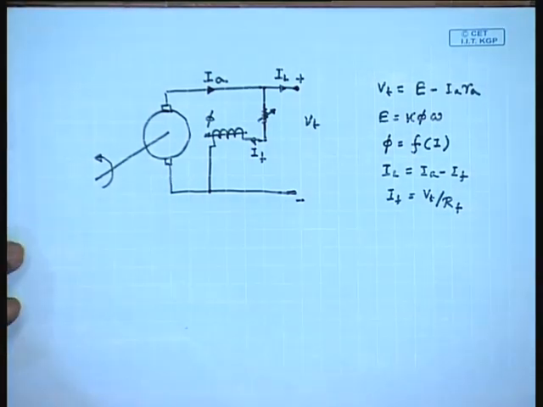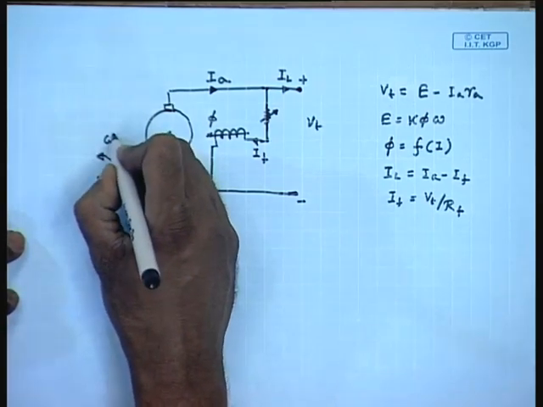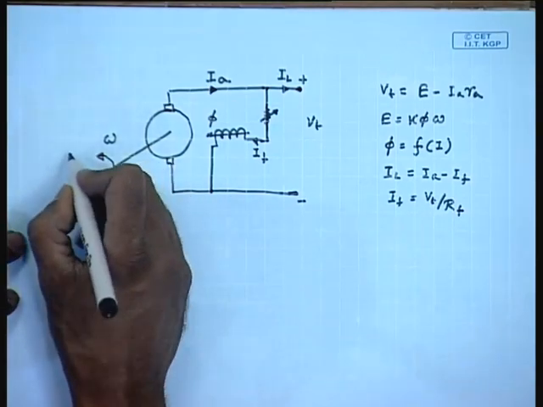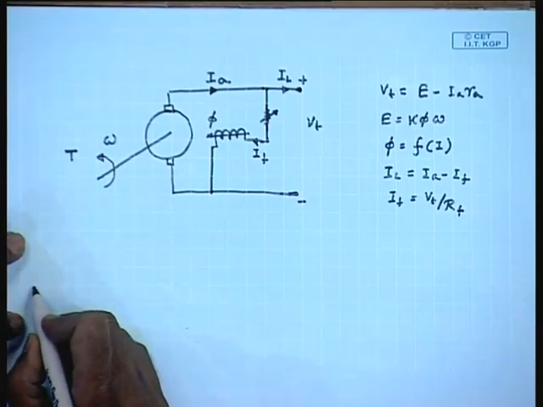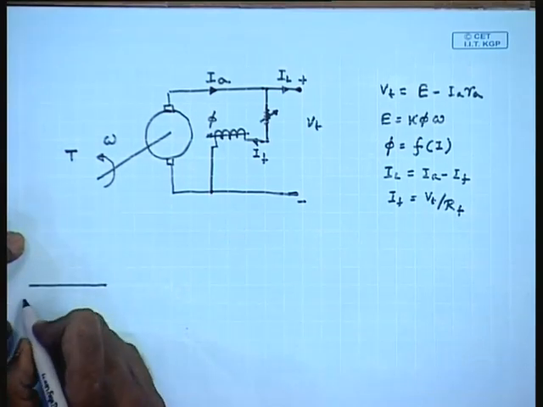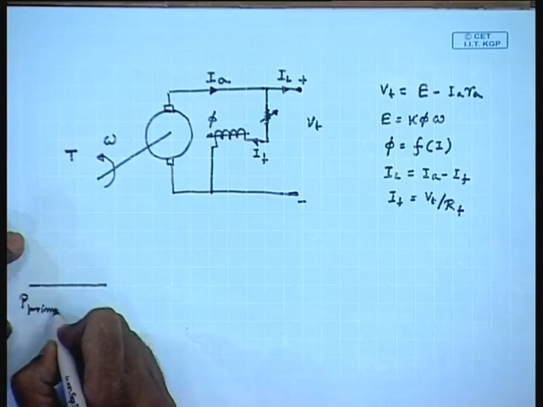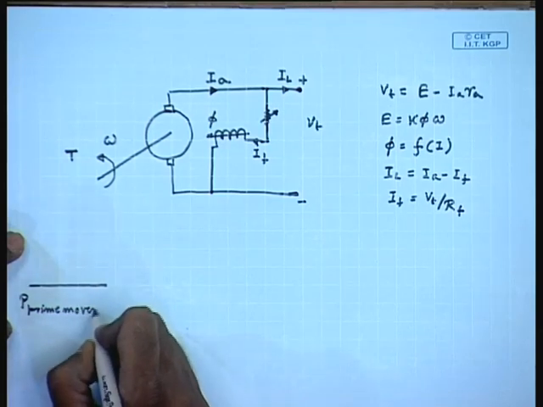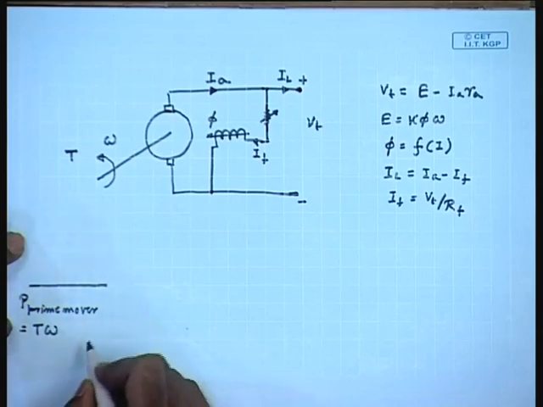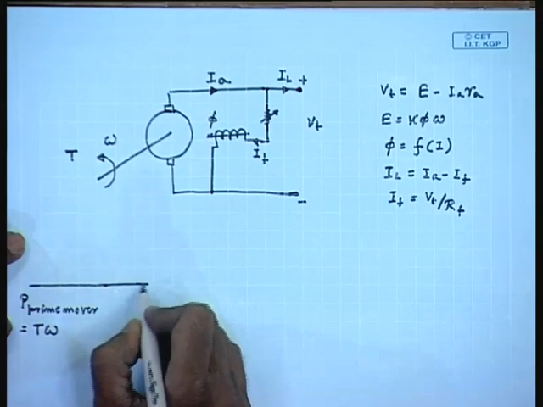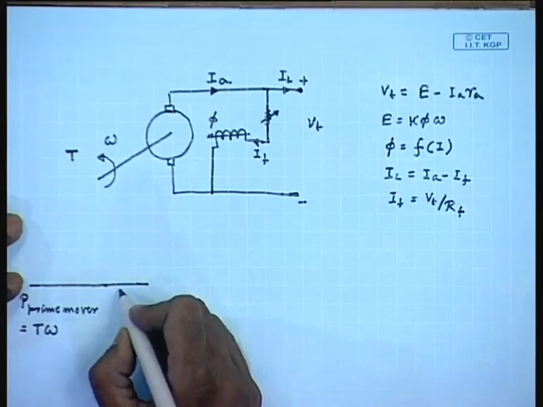If we look at the power distribution, let the rotational speed of the shaft be omega and the torque provided by the prime mover be T. Then the power output by the prime mover is P prime mover equal to T omega. Part of the power provided by the prime mover will be lost into mechanical losses, that is friction and windage losses.